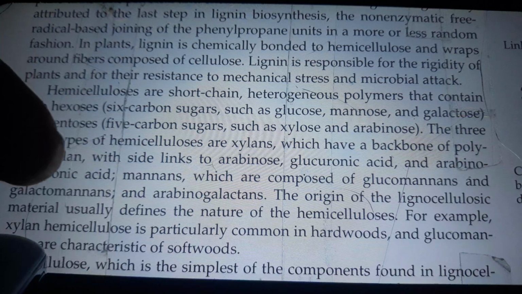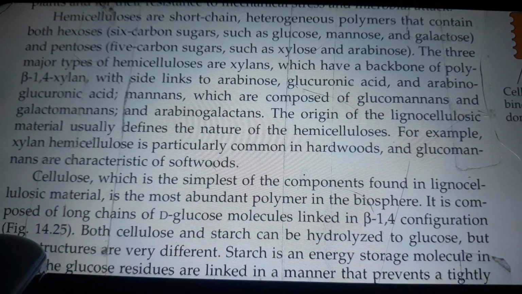Hemicelluloses are short-chain heterogeneous polymers that contain hexose or 6-carbon sugars such as glucose, mannose, and galactose, and pentoses or 5-carbon sugars such as xylose and arabinose. The three major types of hemicelluloses are xylans, which have a backbone of poly-beta-1,4-xylan with side links to arabinose, glucuronic acid, and arabinoglucuronic acid; mannans, which are composed of glucomannans and galactomannans; and arabinogalactans.